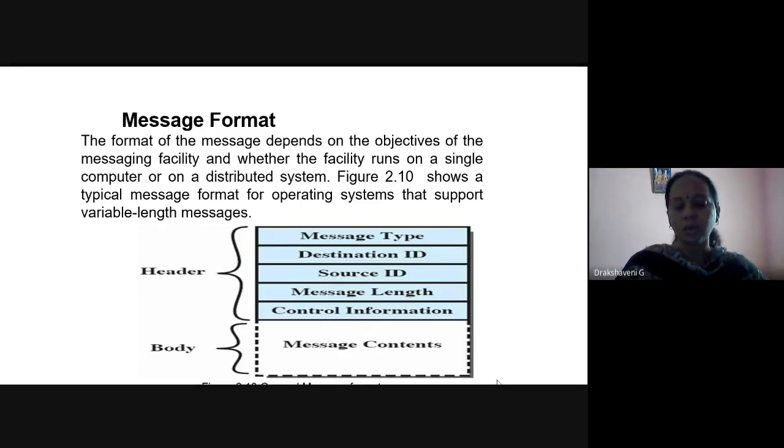What is required for any message to be sent? When we are sending, we just know only sending. In the same way, in a mailbox, if I want to send a mail to you, what do I require? Your mail ID, because without your mail ID I cannot send to you; I should know where I have to send. Along with that, I should have my own mail ID.